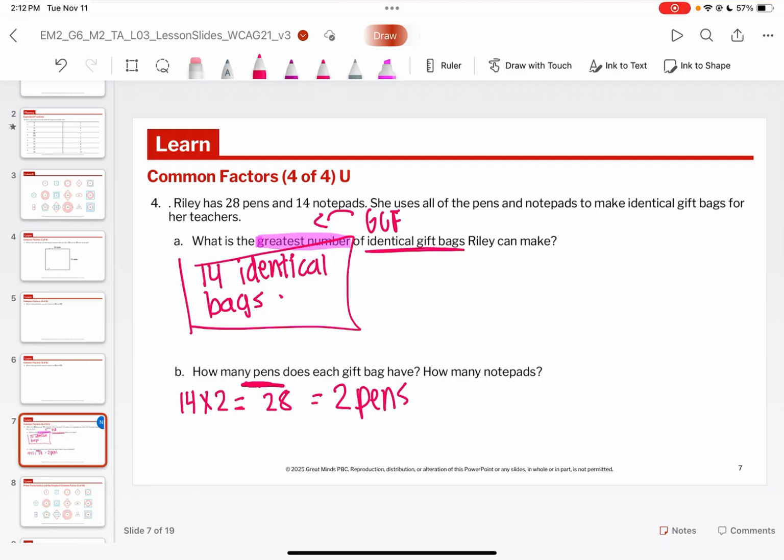And how many notepads do you have? So you have 1. Good. There you go. Go get a ticket. 1 notepad. You could look at your factor pairs to see 14 times what gives me 14. Or could you divide? Either way works. All right. Any questions about this? So far, so good? Okay.